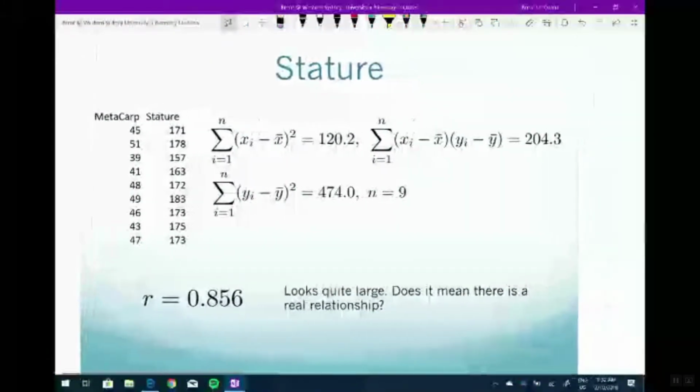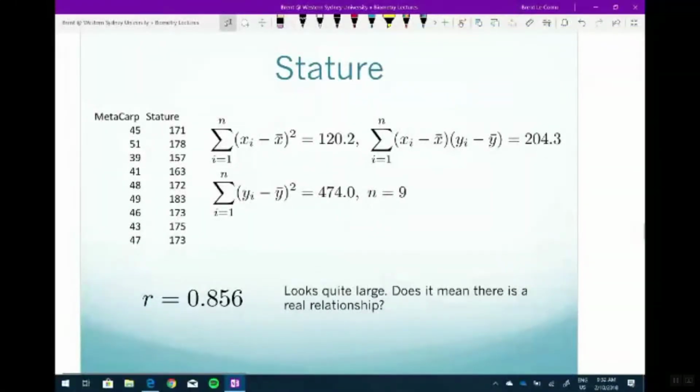In actual fact, it comes out to be a bit bigger than we expected, 0.856. Reasonably strong correlation, okay? So how did we calculate that? They've got on the left-hand side all of the raw data. So there's 9 individuals, 2 observations for each, metacarpal and stature. To use the formula, you need to work out the sum of all those products, xi minus x bar, yi minus y bar.